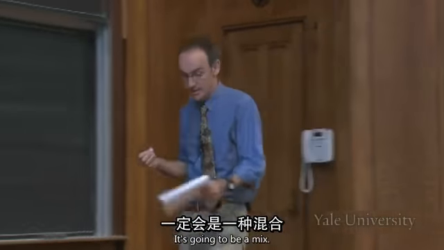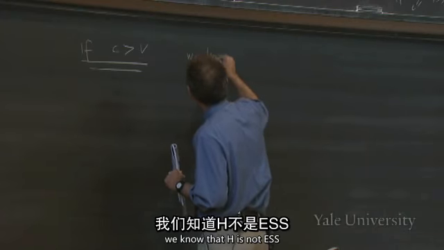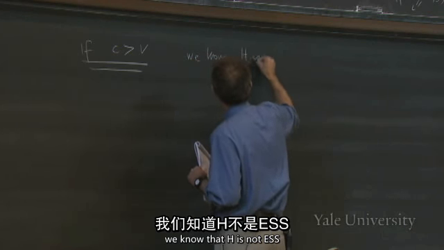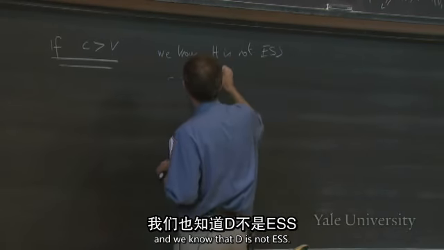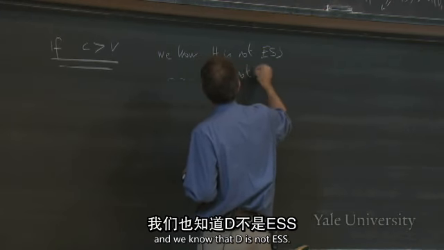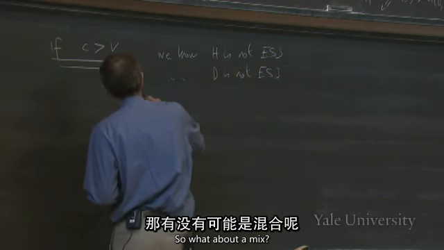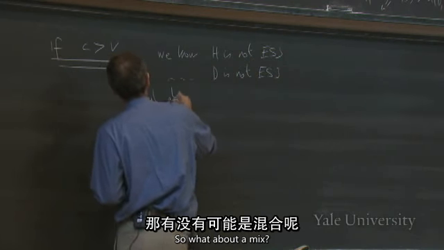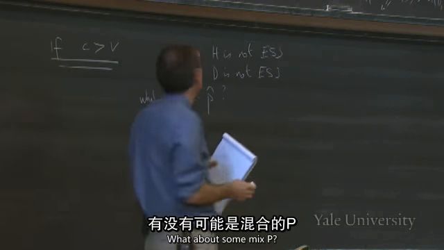So in this case, we know that H is not ESS, and we know that D is not ESS. So what about a mix? What about some mix P hat?